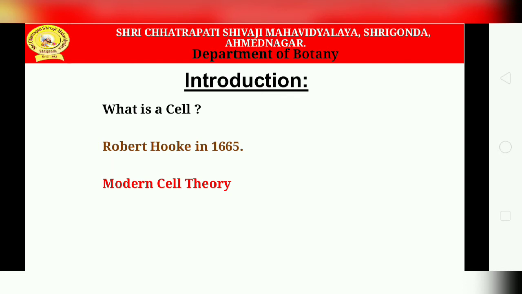Plant cells are eukaryotic cells present in green plants, the photosynthetic eukaryotes of the kingdom Plantae.